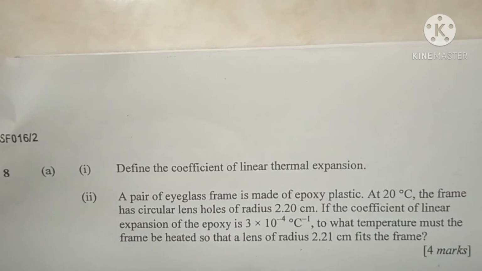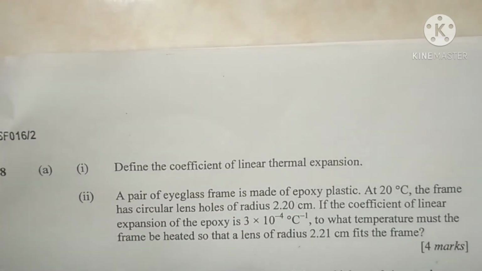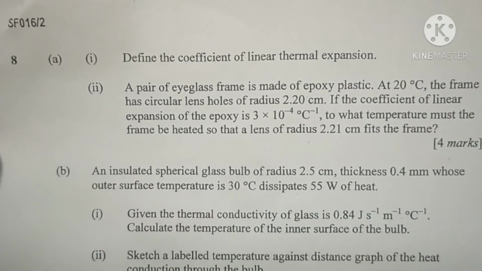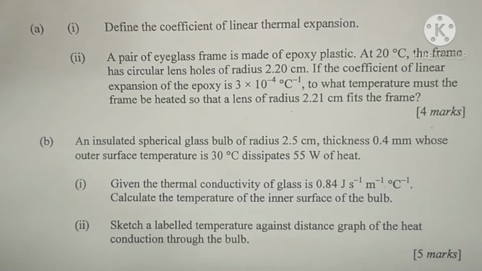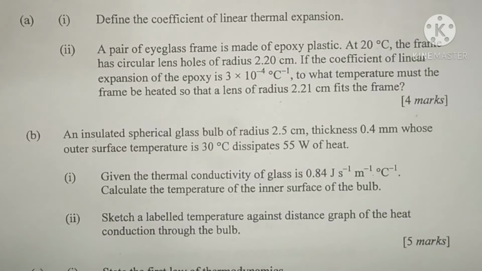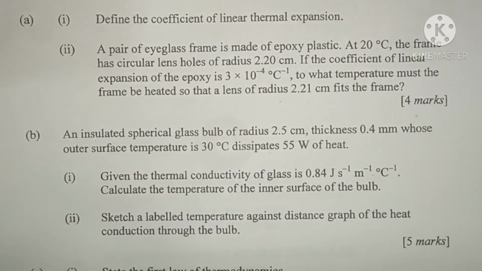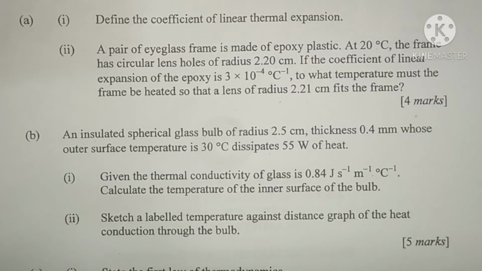So for section A, we already claimed 4 marks. Let us go to section B, which is going to give you 5 marks. An insulated spherical glass bulb of radius 2.5 cm, thickness 0.4 mm, whose outer surface temperature is 30 degrees Celsius, dissipates 55 watt of heat.